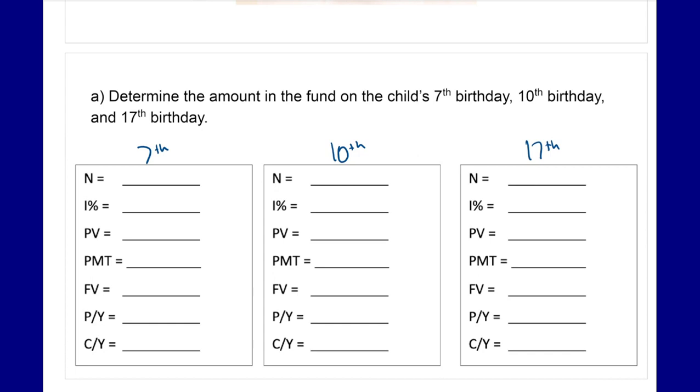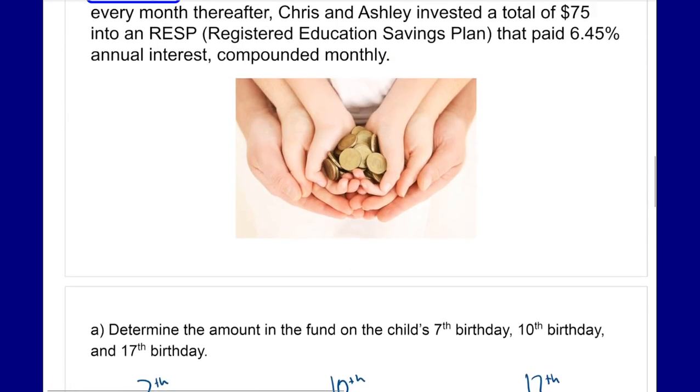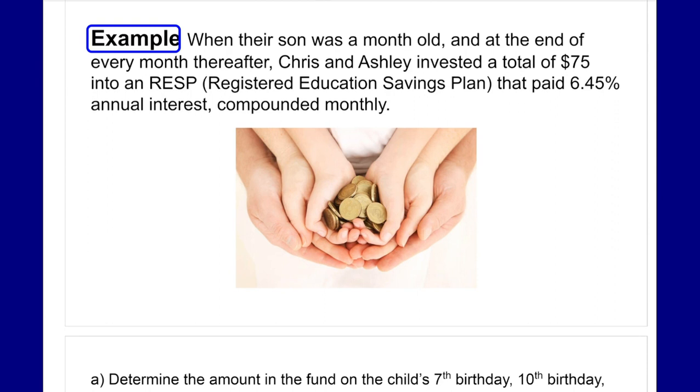So let's try to find the key values. Our N is going to be the number of years times the number of compounding periods. Let's highlight some of that information.